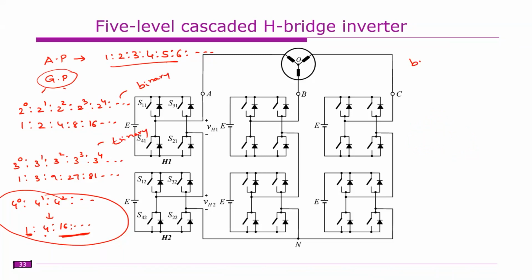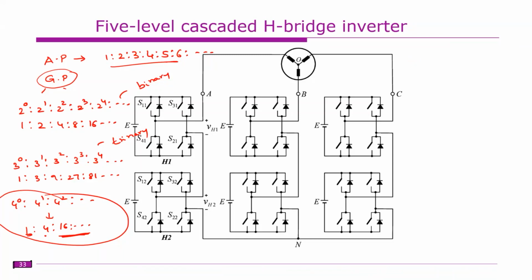Arithmetic progression or geometric progression with binary and trinary multipliers are the only possible ones. That means the ratio must be 1:2:4:8:16 and so on, or 1:3:9:27:81 and so on, right? Other than that, any combination will be specific only. This is for the generalized case.